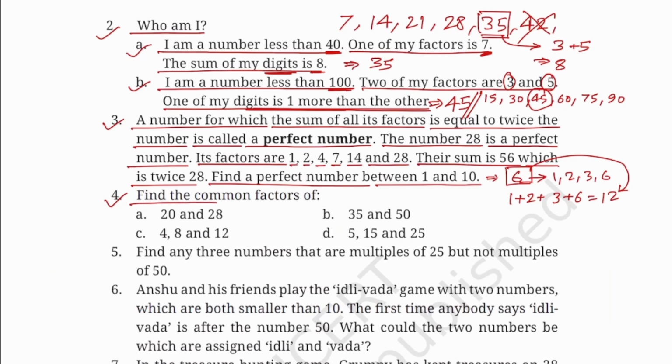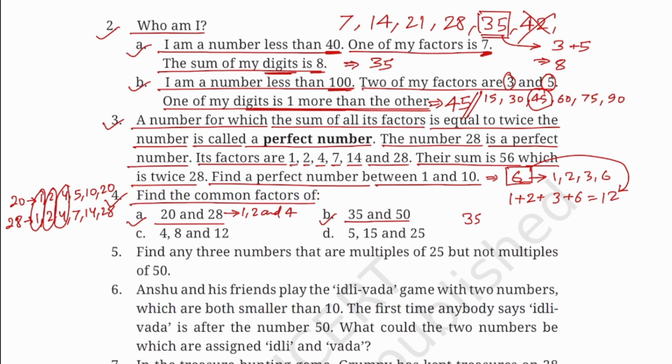4. Find the common factors of a, 20 and 28. Factors of 20, factors of 28, common factors are 1, 2, and 4. B. 35 and 50.